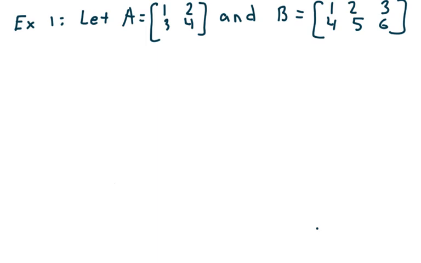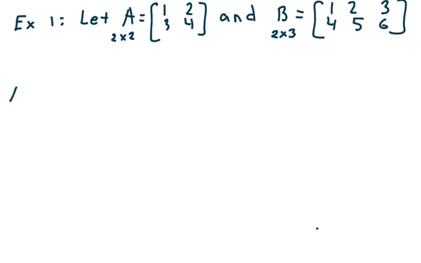Let A equal the matrix 1, 2, 3, 4, and B equal the matrix 1, 2, 3, 4, 5, 6. Notice that A is a 2 by 2 matrix, and B is a 2 by 3 matrix. And so AB will then be a 2 by 3 matrix. Okay?